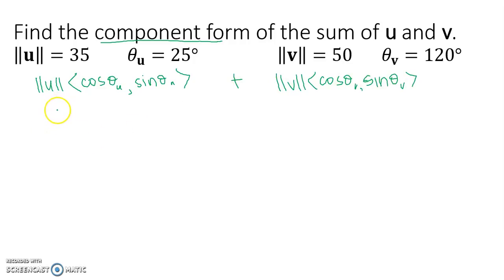So my magnitude of u is 35. Cosine of 25 degrees, because that's my direction angle, sine of 25 degrees. Go ahead and fill that in for v. Once you've done that, go ahead and do your cosine and your sine. Now, for this 25 degrees, that's not on my unit circle, so I'm just going to be typing that into my calculator.